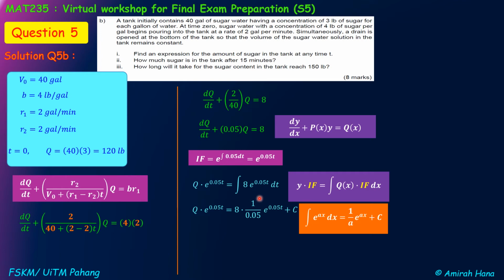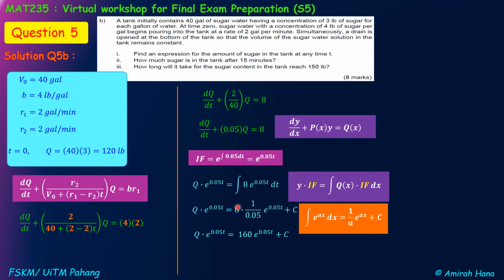So after we integrate e to the power of 0.05t dt, it equals 1 over a, meaning 1 over 0.05, and then e to the power of 0.05t, plus c. And we still have constant 8 in front here.